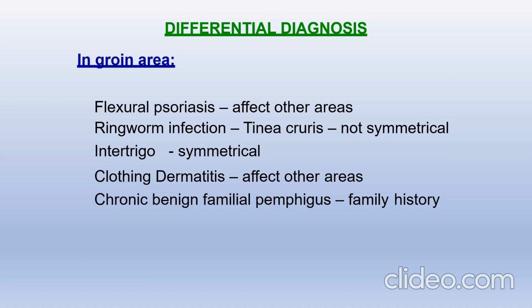Second one is ringworm infection, that is Tinea cruris. It is not symmetrical. Intertrigo, it is symmetrical. Clothing dermatitis, so it can affect other areas also. In chronic benign familial pemphigus, it shows family history.